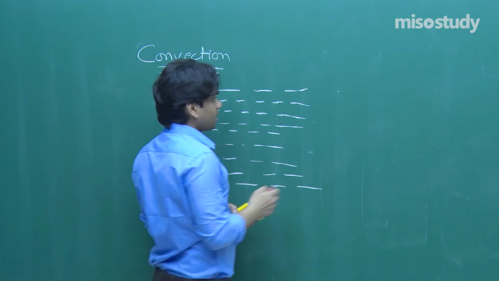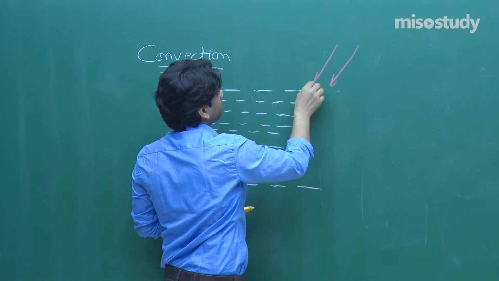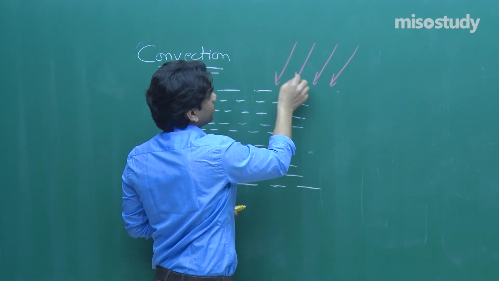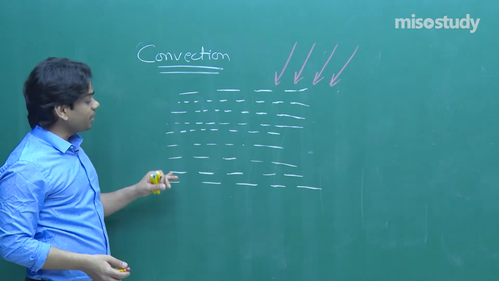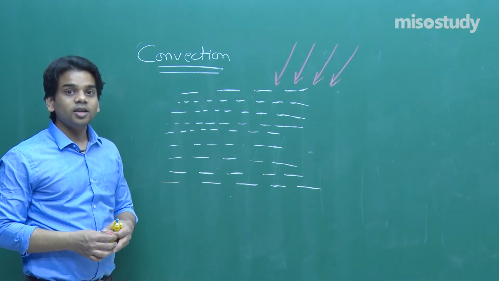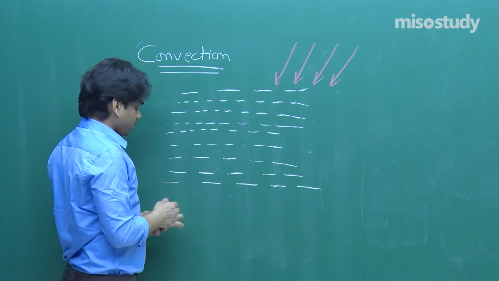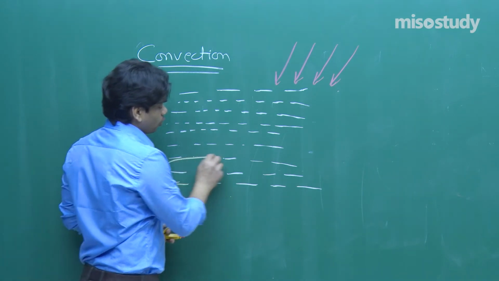From above, the sun is shining, its rays are falling and it is heating up the atmosphere. So what is happening? First of all, the lowest part is going to get heated up. Try to understand, this part will get heated up.